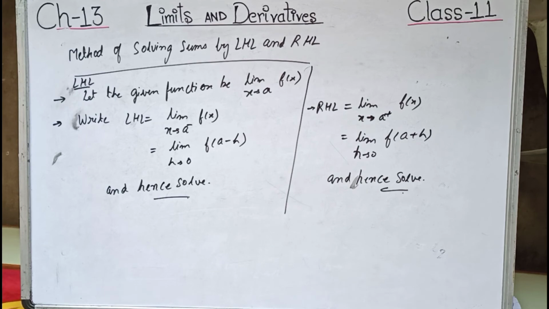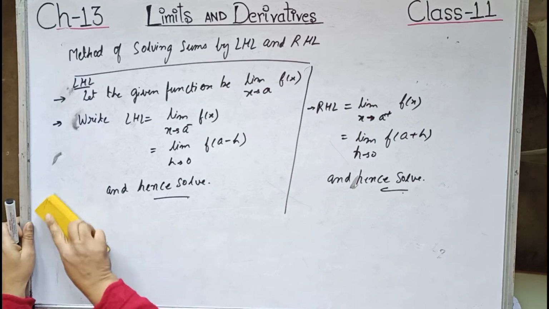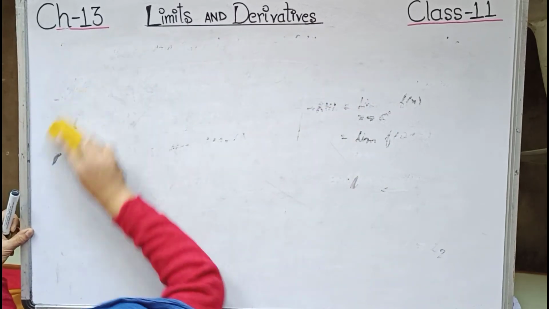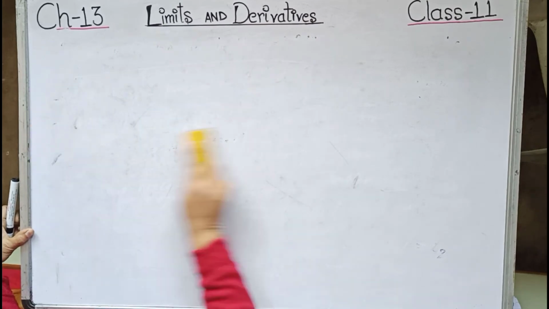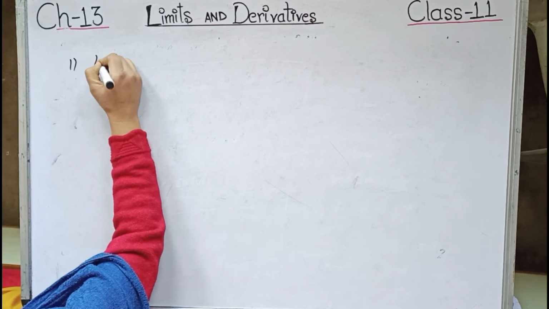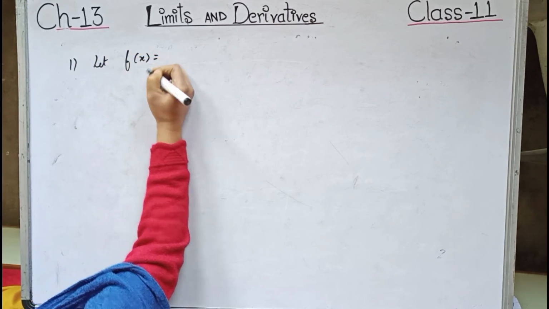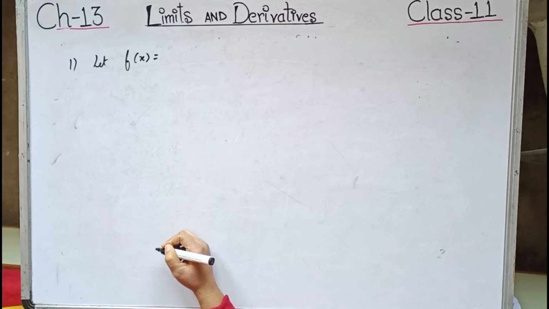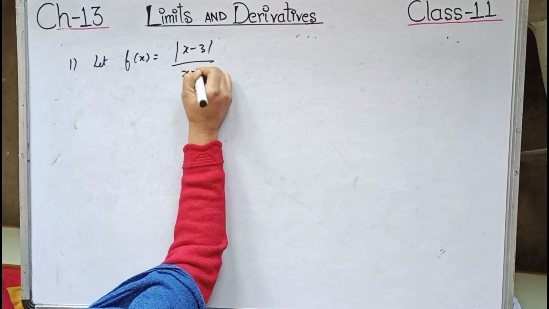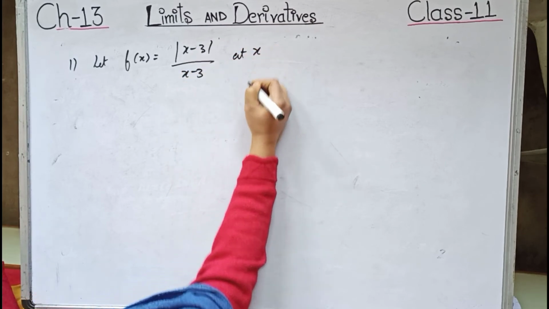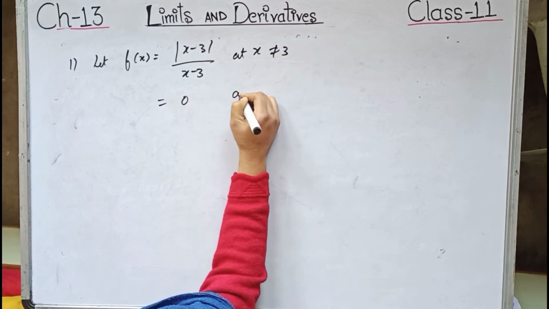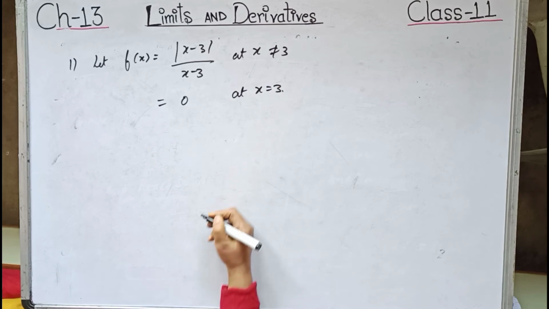Let me explain this with the help of an example. Let f(x) equals mod of (x minus 3) by (x minus 3) at x not equal to 3, and equals 0 at x equals 3.